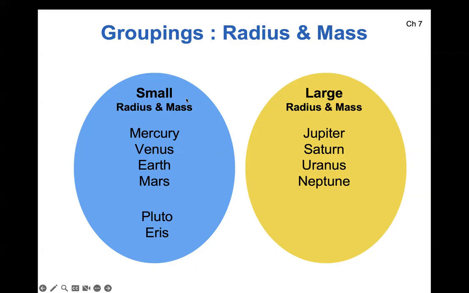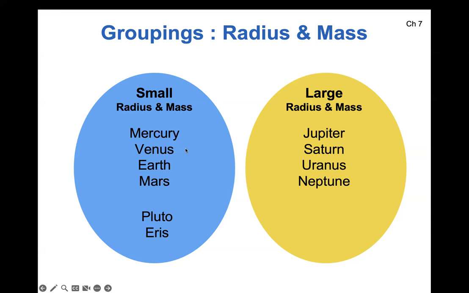So our small planets, all of them are small both in terms of radius and mass. So there's no such thing as a small planet that is more massive than a big planet. That would take such a drastic change in density that no such thing exists between planets. But the small ones are Mercury, Venus, Earth, and Mars.